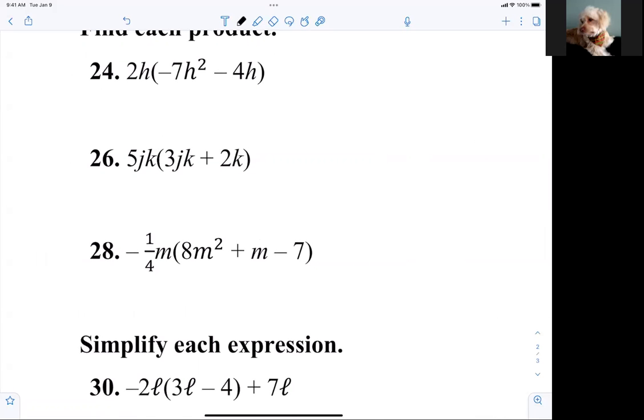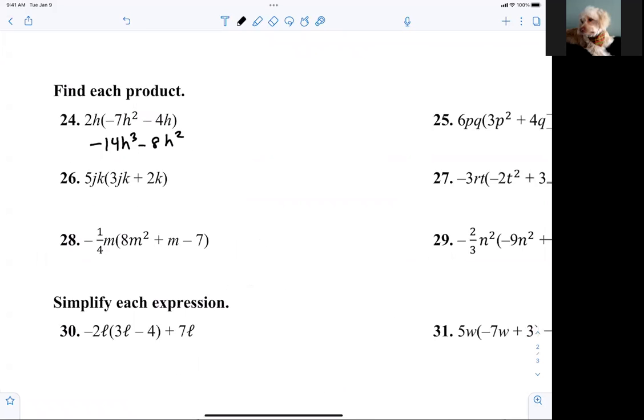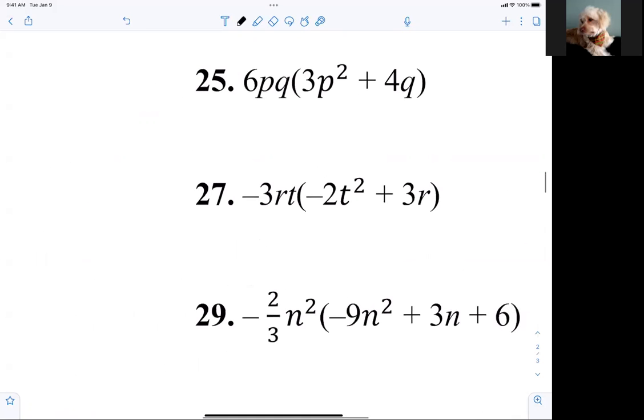Read the directions. Negative 14h cubed minus 8h squared. Good. Brennan. 25, let's go.